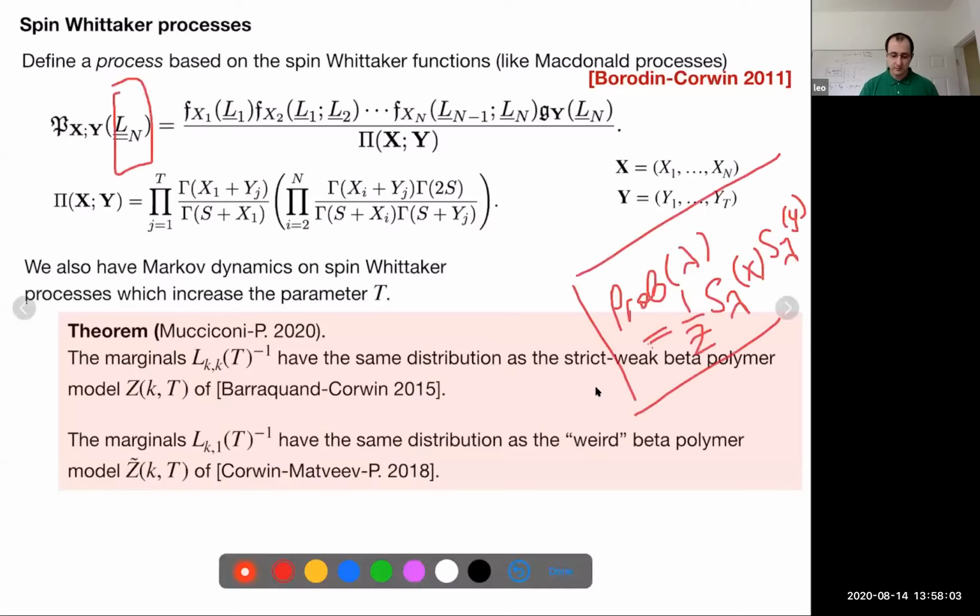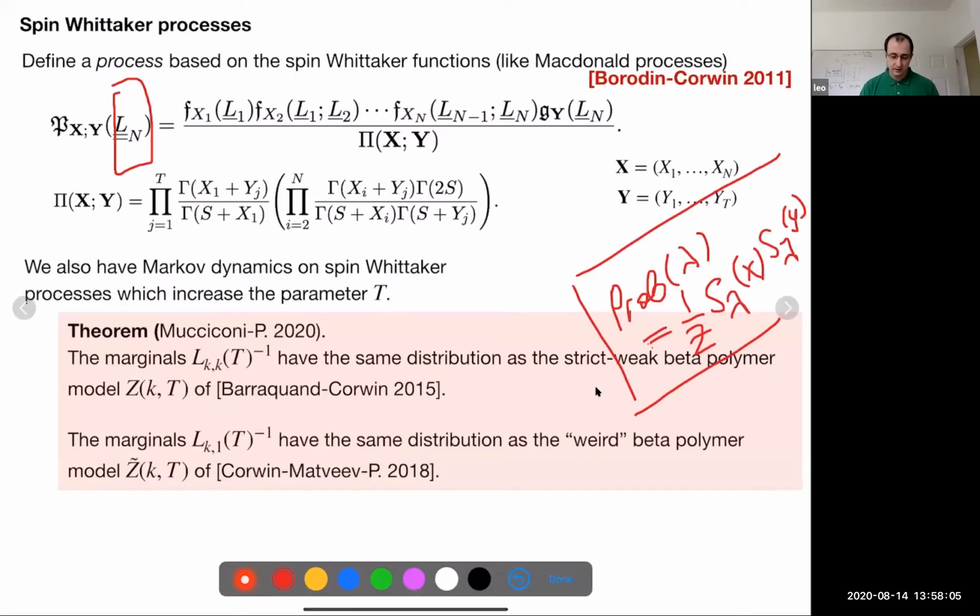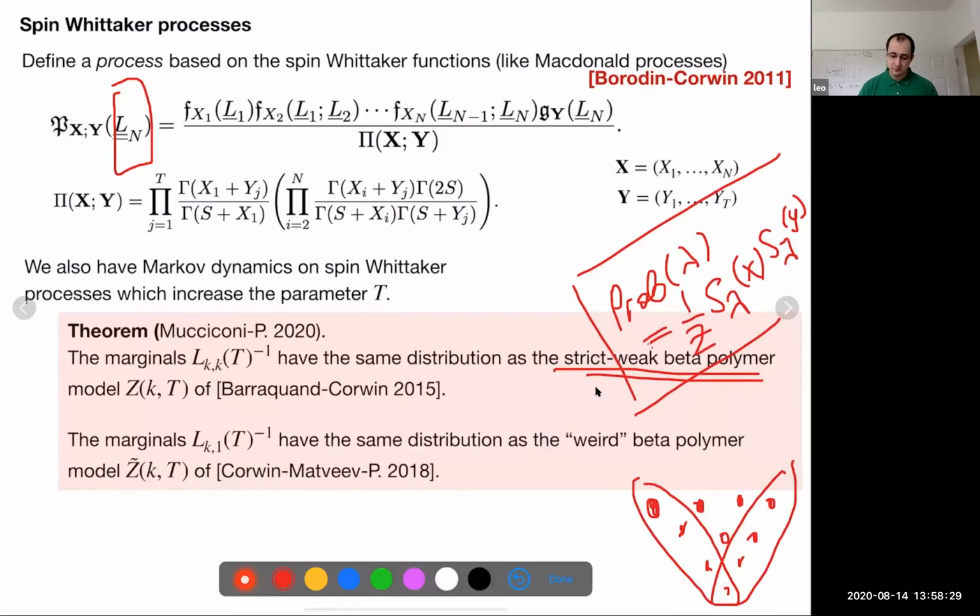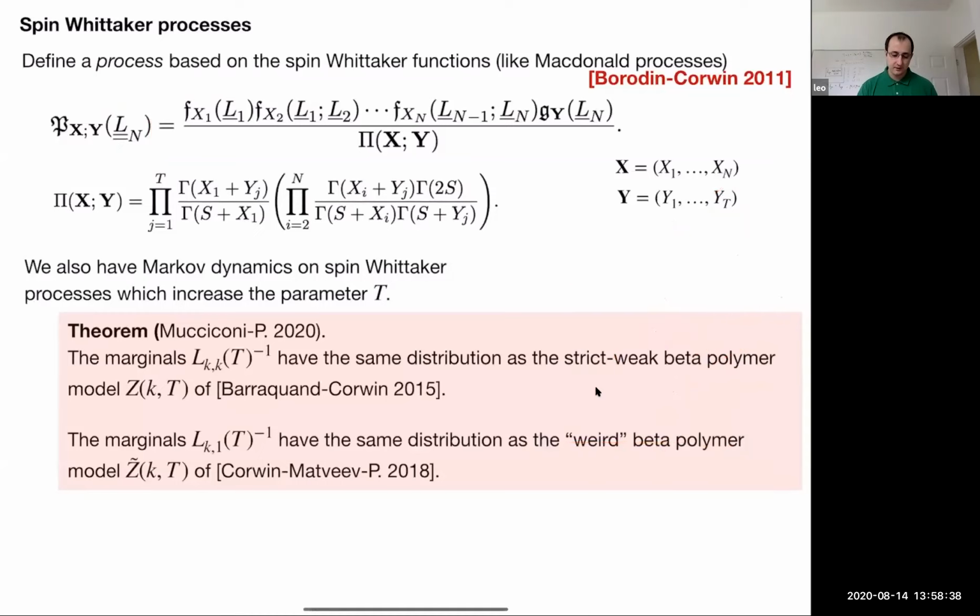So if I take my interlacing array like this, then the left diagonal of the array is related to the so-called strict-weak beta polymer, and the right side of the array has another polymer interpretation, called the weird beta polymer, for which we don't have a good model, and it's related to a limit of another particle system.